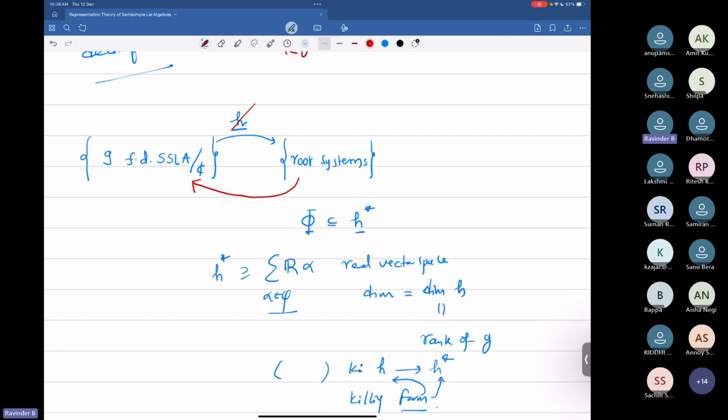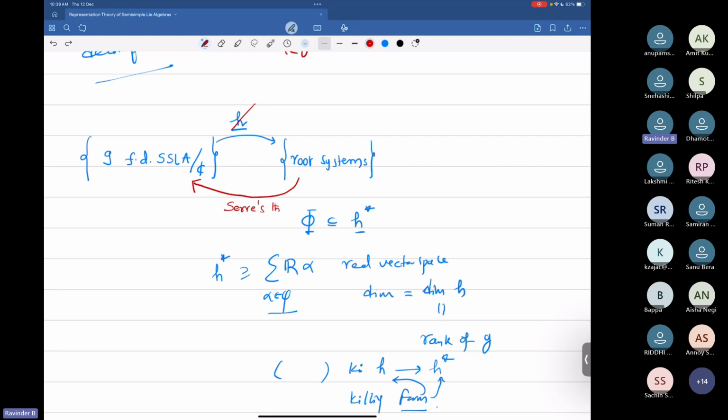This was discussed yesterday, namely Serre's theorem. What Serre's theorem is telling is, given a root system, there are some simples, and using those numbers, the Cartan matrix, which I'll discuss.